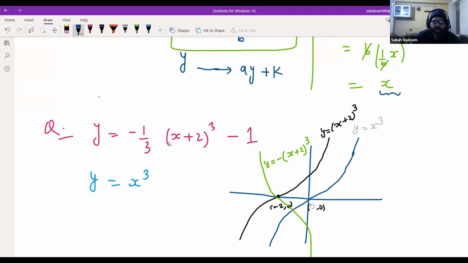X is not multiplied with 1 by 3, but x plus 2 whole cube is multiplied with 1 by 3. The function x cube is there, and you are not writing it as 1 by 3 x cube. X is not multiplied with 1 by 3. Rather, the output is getting multiplied with 1 by 3.